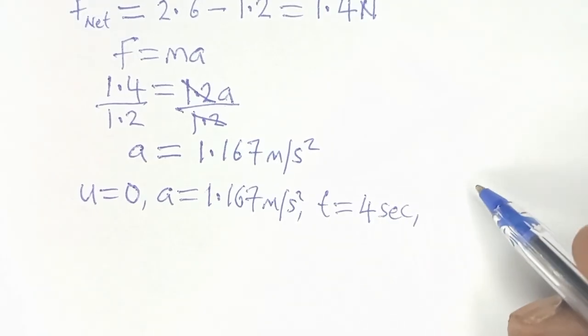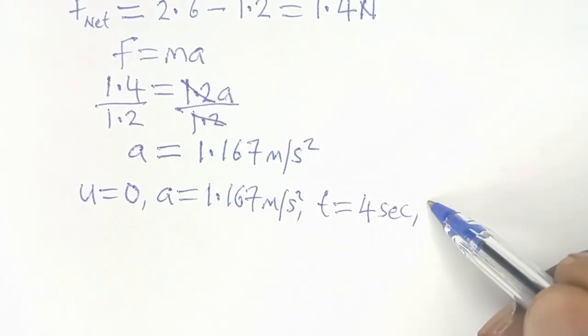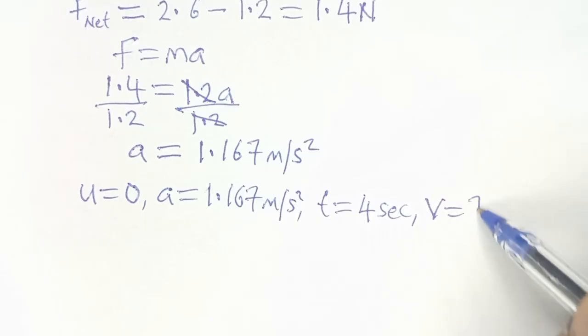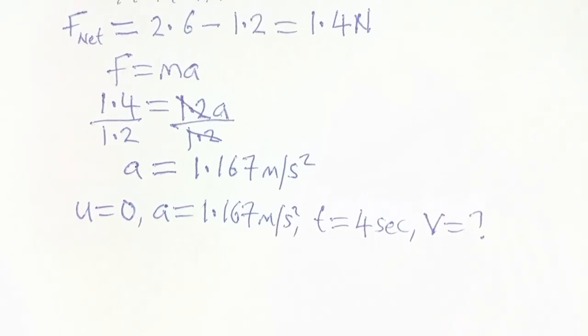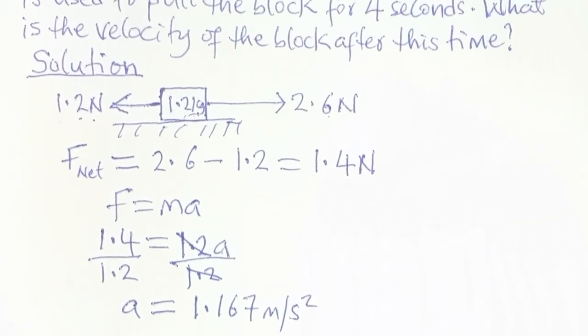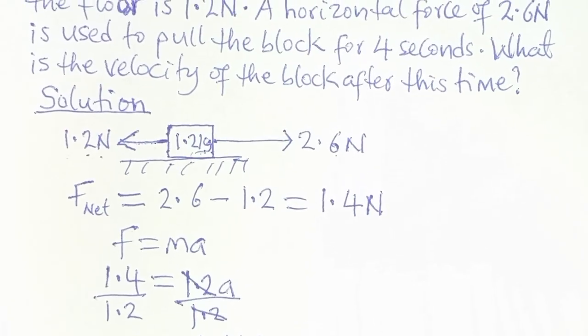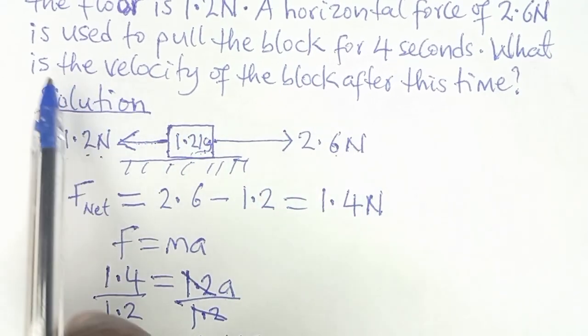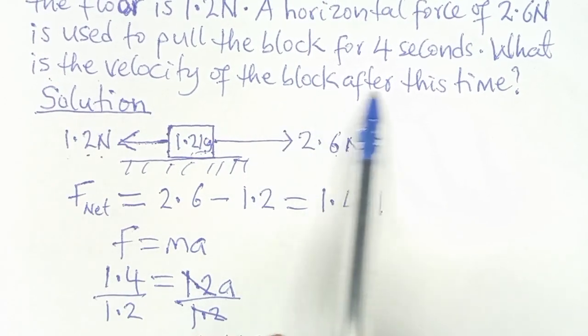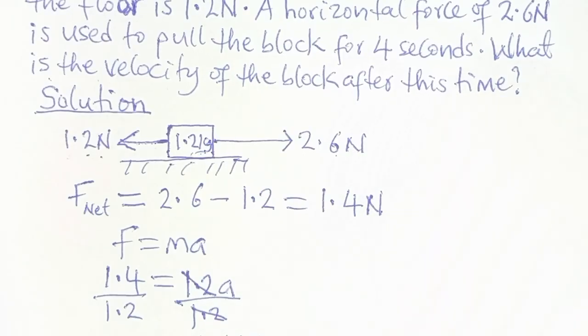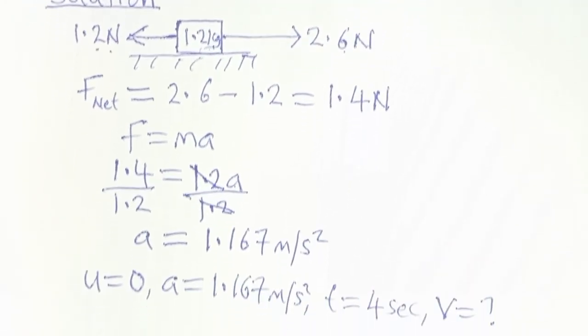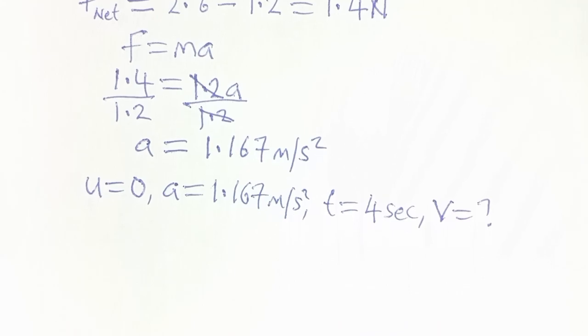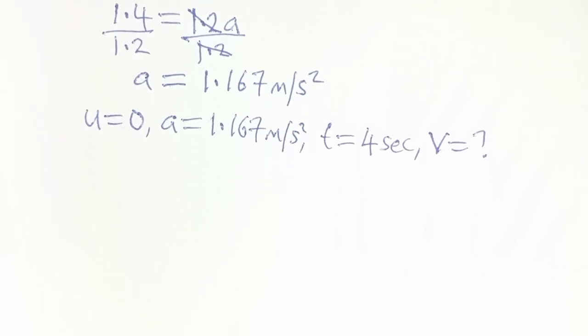And then we are asked to find the velocity after the 4 seconds. That is what the question finally asks us to calculate. So it says, what is the velocity of the block after this time? So after that 4 seconds, what's the velocity? So that is what we are looking for, and we are exactly applying the equation of motion to do that.